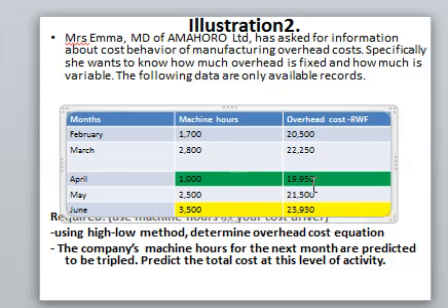So once you identify this, the lowest level of activity is in April, and the highest level of activity is in June.